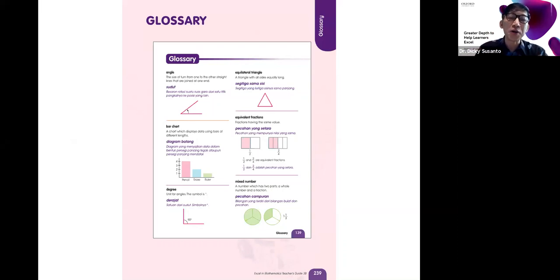So a lot of the terms are important, especially when we think about equivalent fractions. So for example, 1/2 and 2/4 are equivalent fractions. But that is different from saying 1/2 and 2/4 are the same. So a lot of times we need to be very careful with our language.